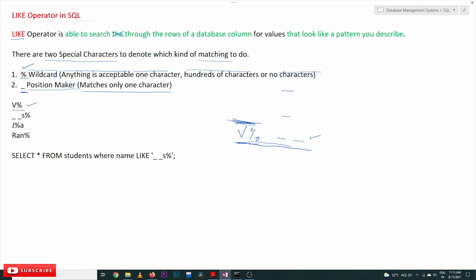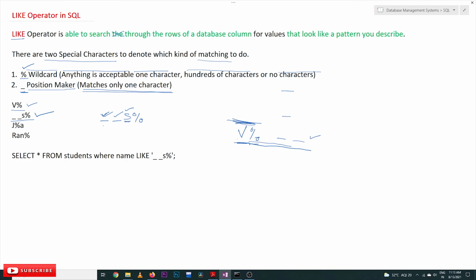What does the second pattern represent? It is underscore, underscore, s, percentage symbol. The underscore is a position marker and matches only one character. So it should have a first character, whatever that character may be, and a second character, and the third character should be s, small s, meaning lowercase s.